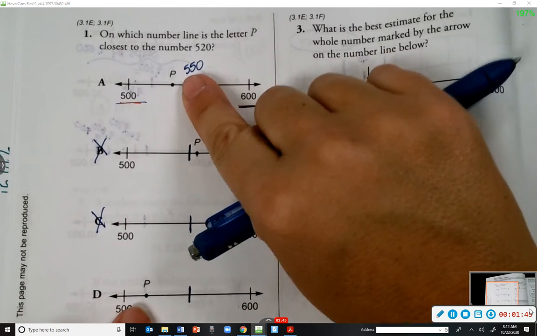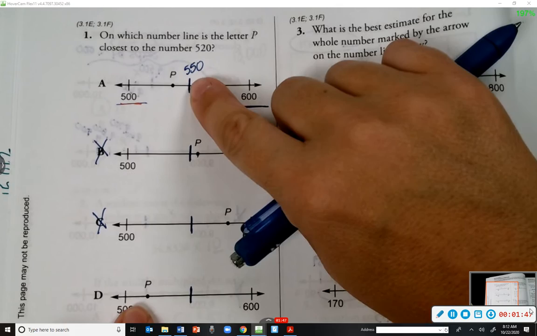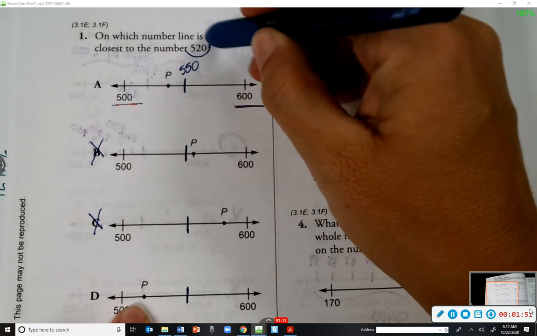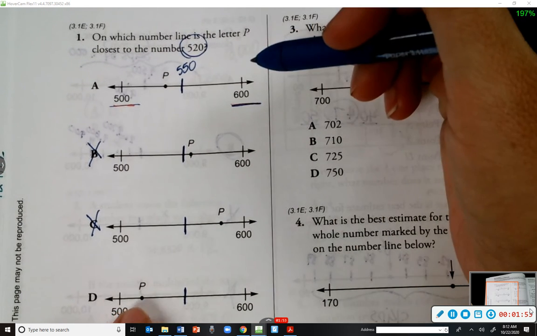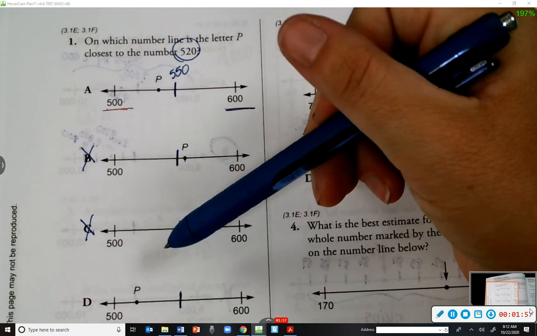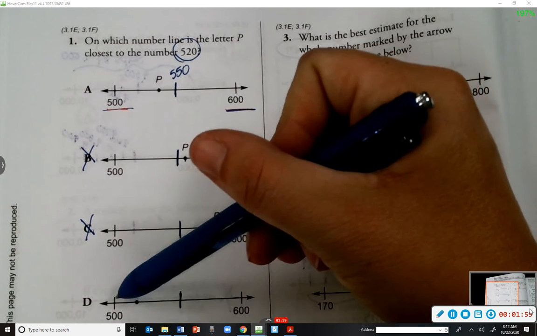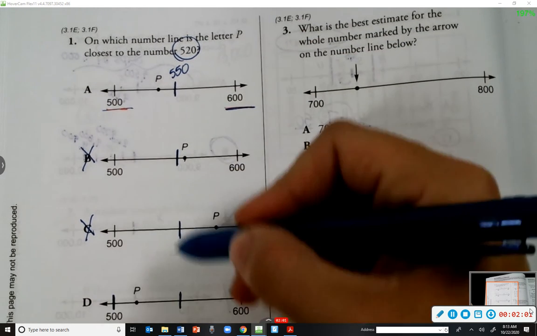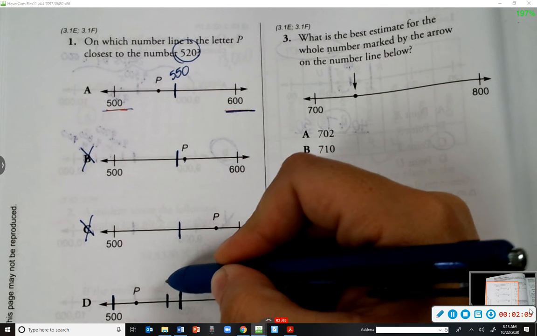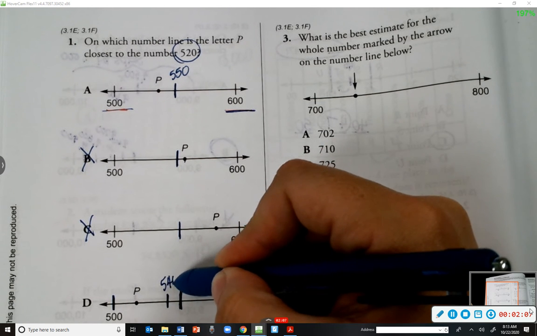Now A and D both come before, but which one would be better to represent 520? D. And why do we think D? Good. We would want it to be closer to 500. If it's closer to the middle, that's more likely to be about 540.